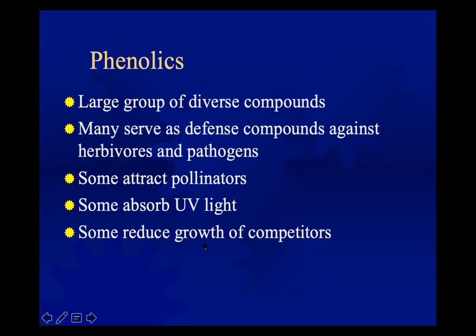Some of the phenolic compounds have allelopathic effects to reduce the growth of other plants or other competitors. Phenolic compounds have some other functions. For example, they are very powerful antioxidants.